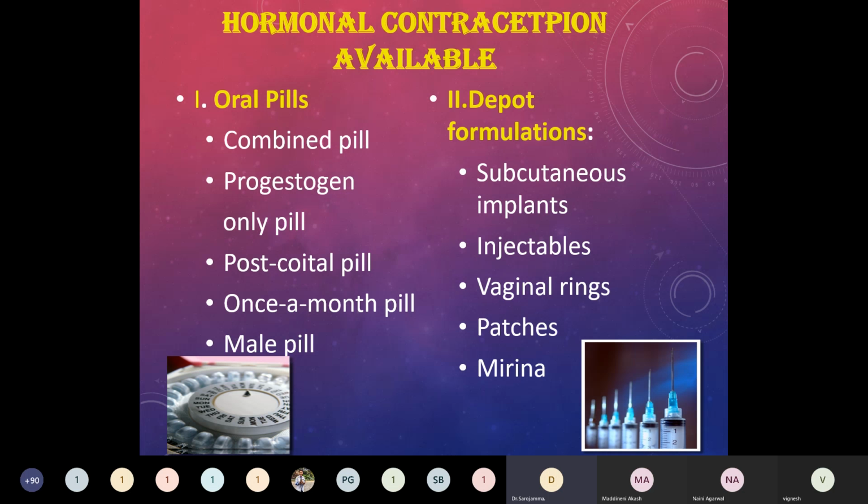The other alternative preparations available are subcutaneous implants, injectables, vaginal rings, patches, and Mirena. Mirena is, as we've learned in the last class, an LNG, levonorgestrel intrauterine contraceptive device, which is used as a long-acting reversible contraceptive method.